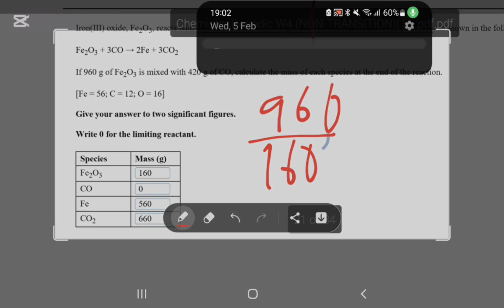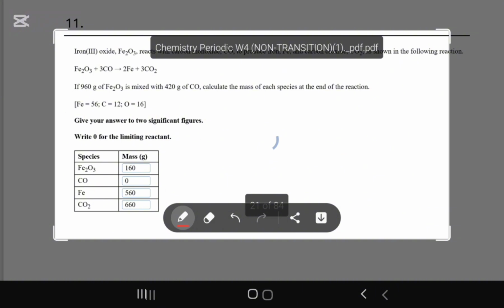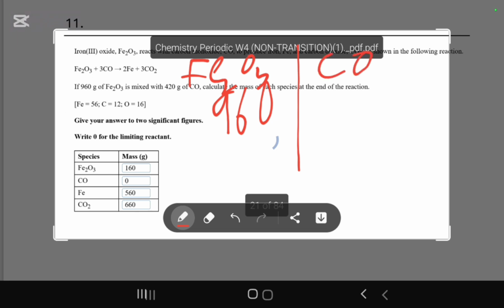First we have to find which is limiting and which is excess. To find that, we first need the moles of both. So this is for Fe2O3, and this side will be for CO. 960 over 160. 960 divided by 160 gives us 6. Okay, so we have 6 moles here.